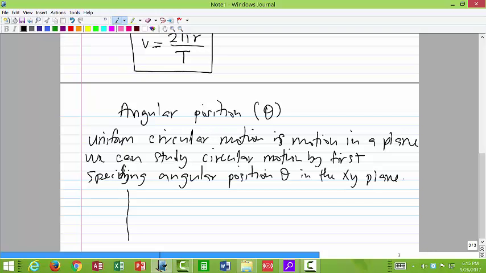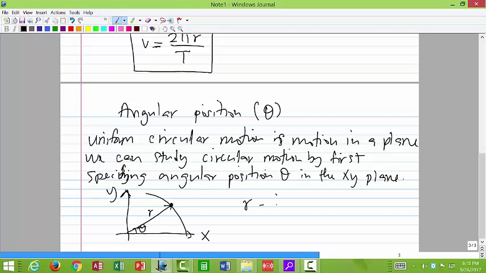Suppose we have x here and y here, and we can think of a certain point here to be the angular position. It means the particle is at an angle theta, and at a distance r from the origin.